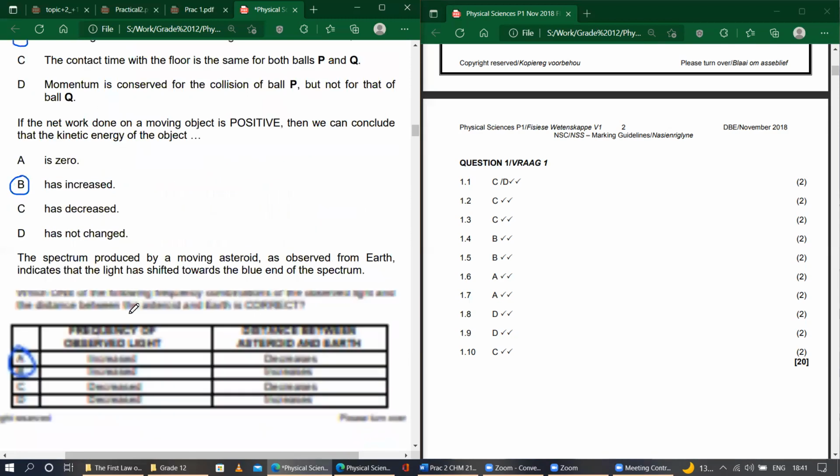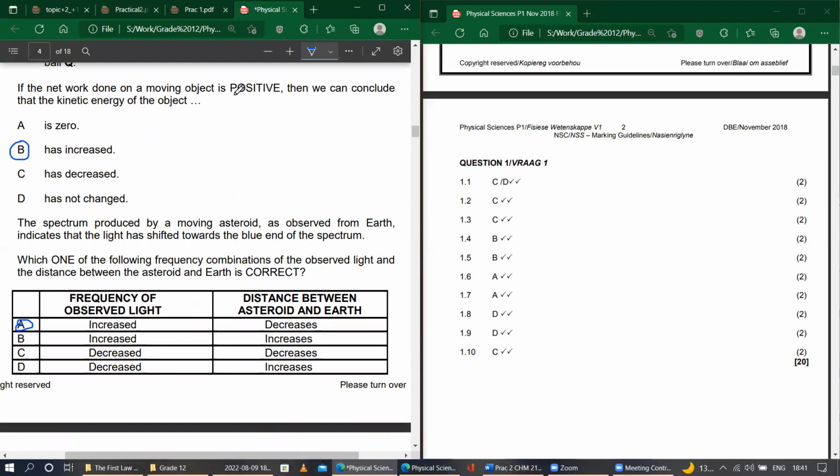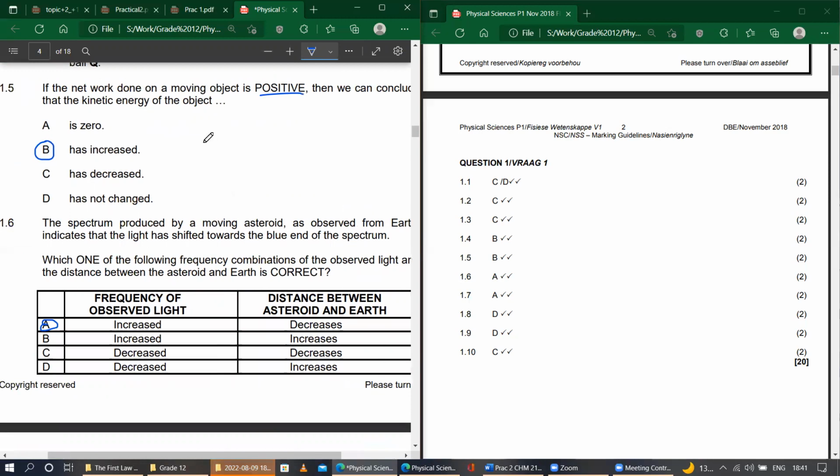Then at 1.5, they say if the work done to a moving object is positive, then we can conclude that the kinetic energy of that object has increased. So yeah, 1.5, you also got it right.